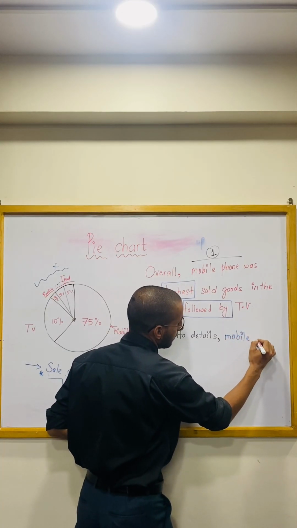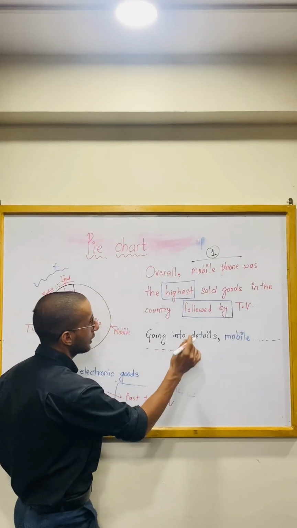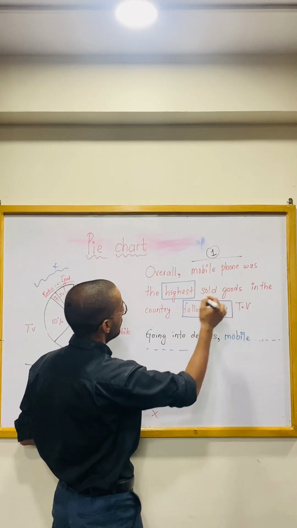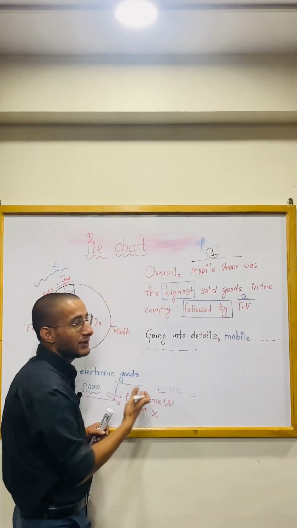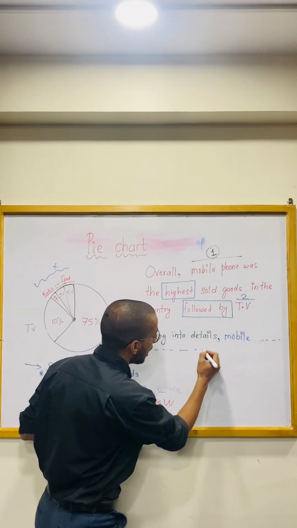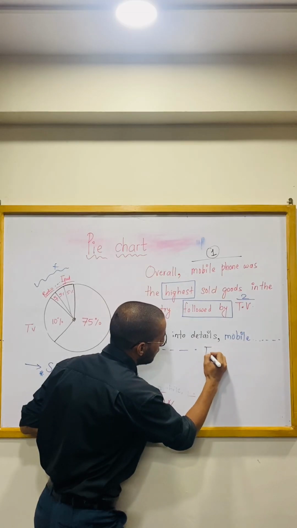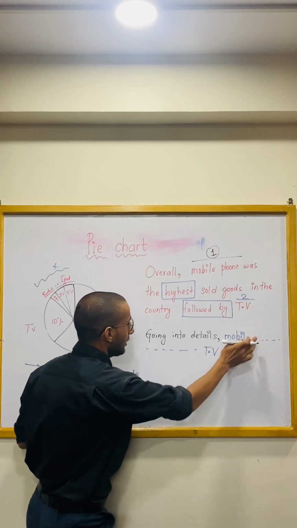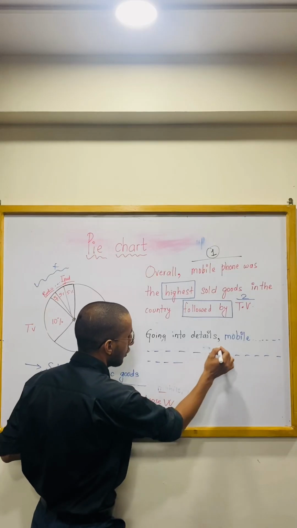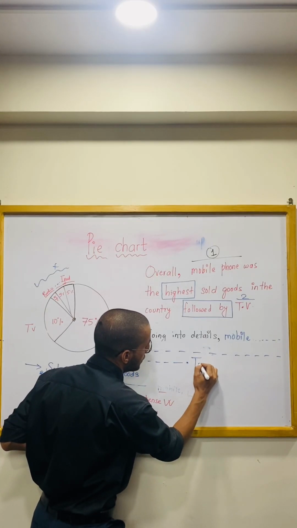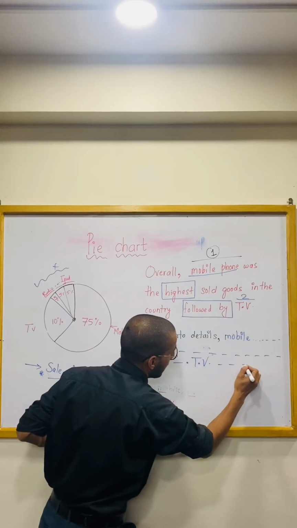Now start giving numbers. Mobile phone sales was 75% of all the goods sold, and then number 2 was TV. So after writing about mobile phone, only then start writing about TV. Finish mobile, write about mobile, and when you finish mobile, then include TV, because first here it's mobile and then second is TV, and then write about TV.